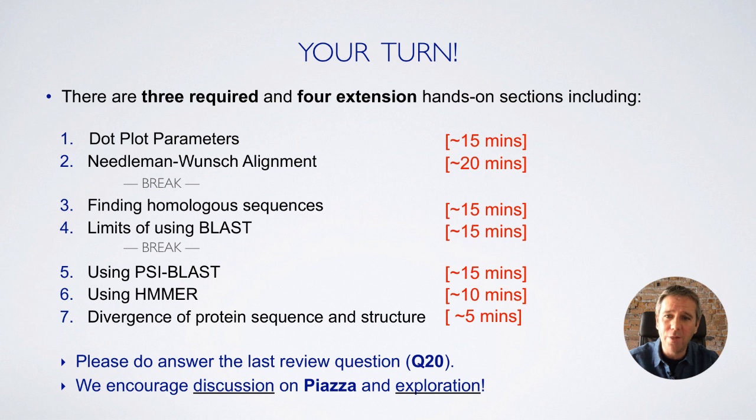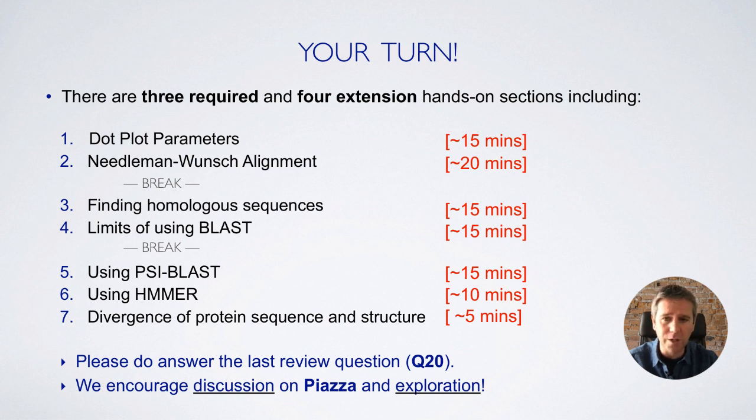Now there were only 3 required sections for this week's lab, and then there were some extension sections for those students that were particularly motivated or will end up working in this area in the future, that delve a little deeper to the forefront of the field with some more advanced methods using profiles and hidden Markov models, and also using structure to inform our investigation of these distant evolutionary relationships.